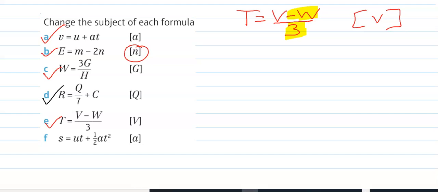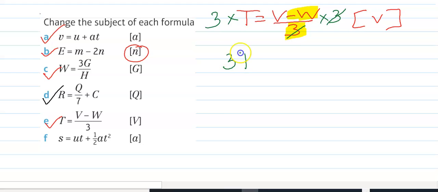So let's get rid of 3 first. Because 3 is with a division sign, you can times by 3 here and times by 3 here. Okay. So 3 and 3 cancelled out. So we got 3T and V minus W.